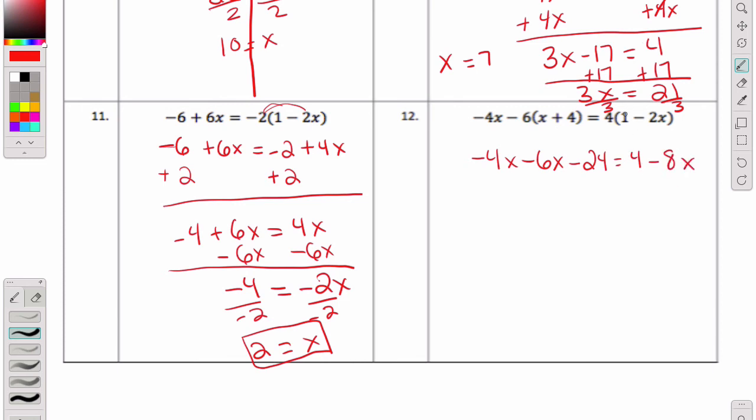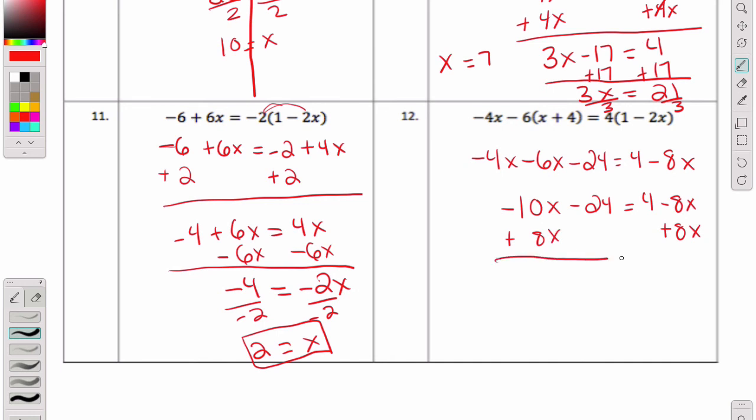I do that by just distributing. Okay, and I'm going to combine these two because they're on the same side and it's easier to do it that way. So I got negative 10x minus 24 equals 4 minus 8x. And I like dealing with my x's first, so I'm going to add 8x to both sides.